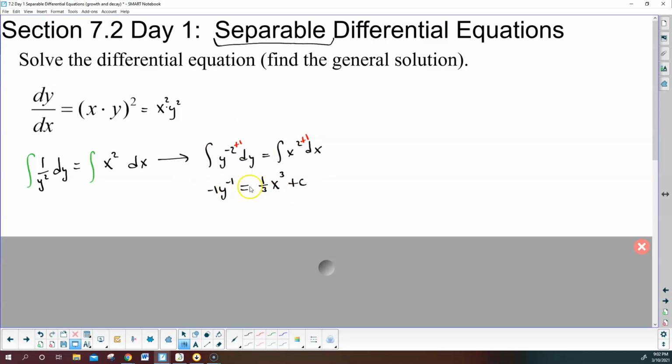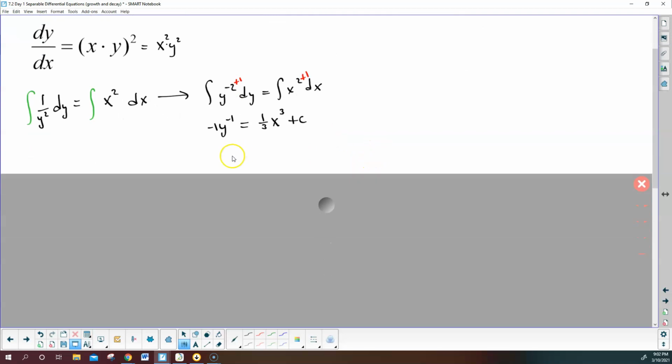Now, you could stop here and you'd get credit, but most of the work you're going to be doing requires us to solve for y. So once you get your general solution, if y isn't by itself, you want to do whatever you can to get y by itself. So with this negative 1, I'm going to divide all pieces by negative 1 first.